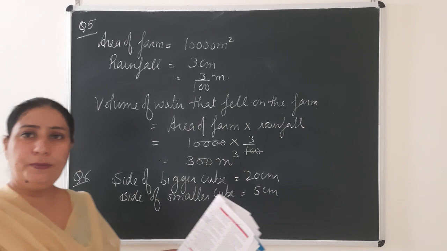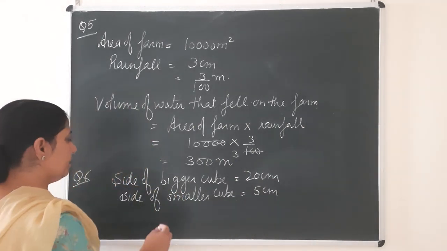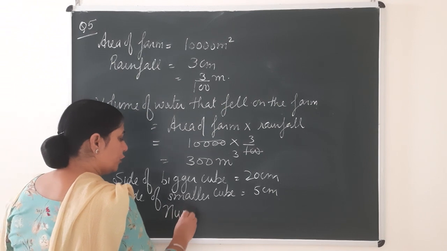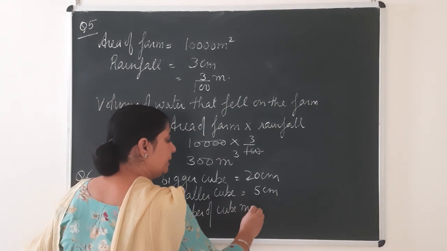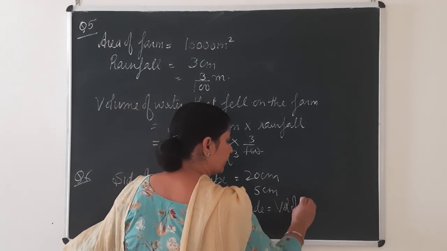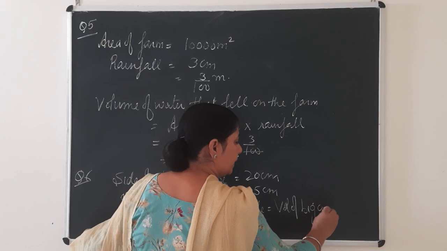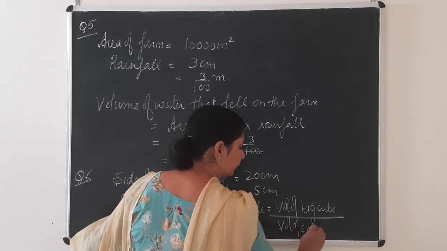Now when you have to make cubes from a big cube, the number of cubes that you can make will be equal to the volume of the bigger cube divided by the volume of the small cube.